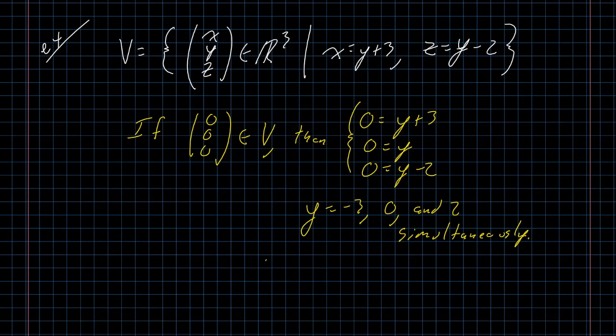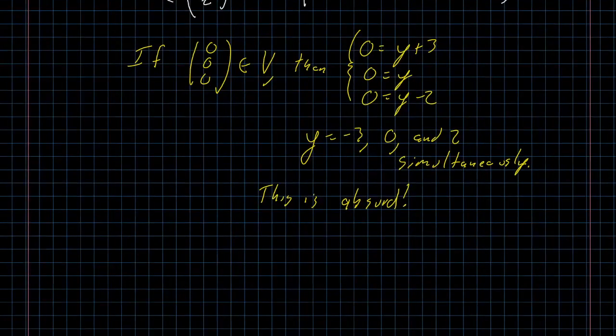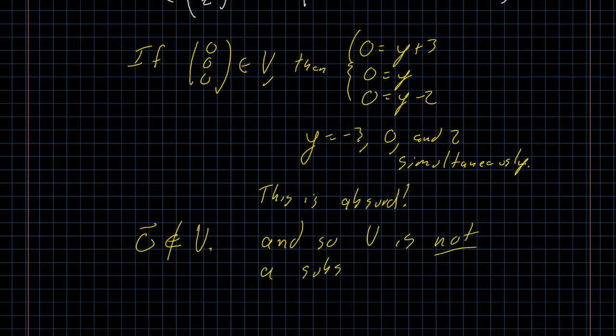And I hope you will agree with me that this is absurd. And because this is absurd, that means that 0 is not in my vector space, or in my set V. And so V is not a subspace of R3.